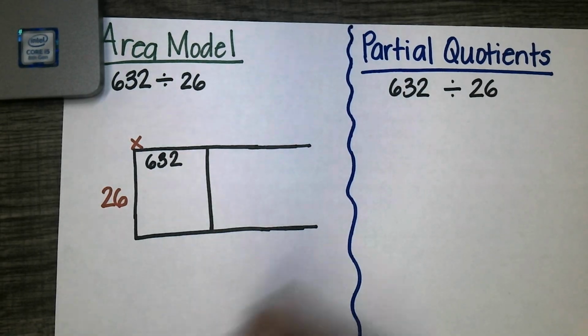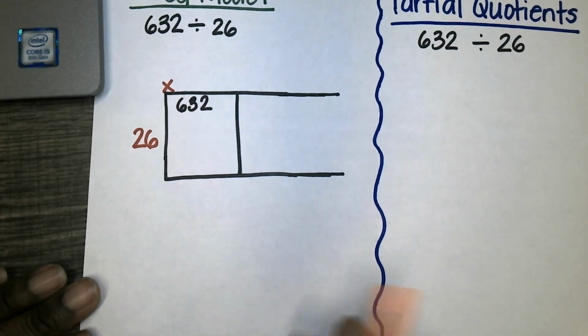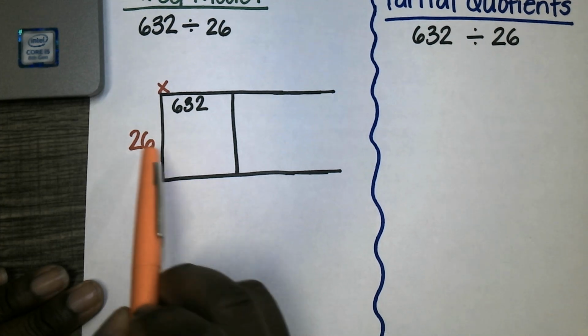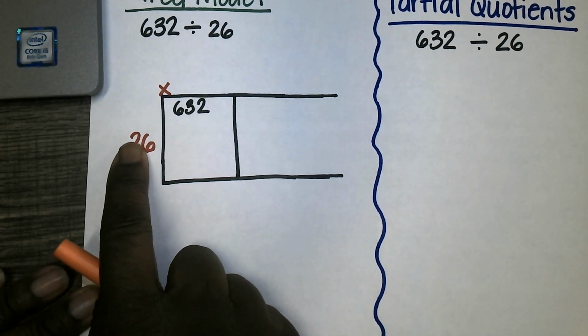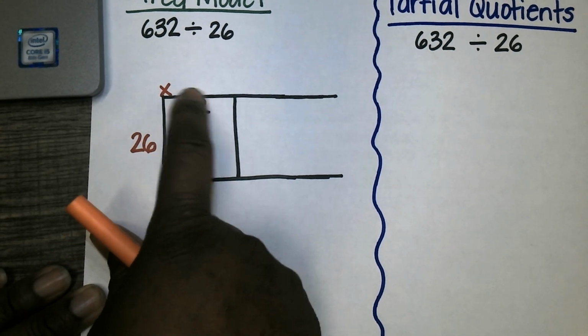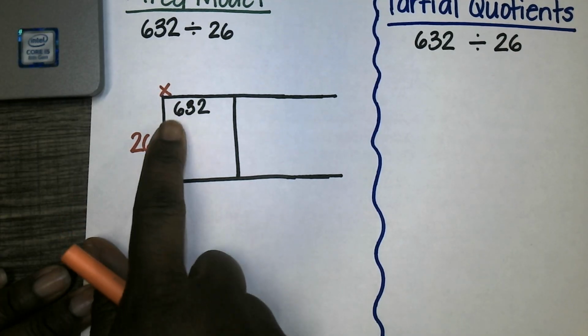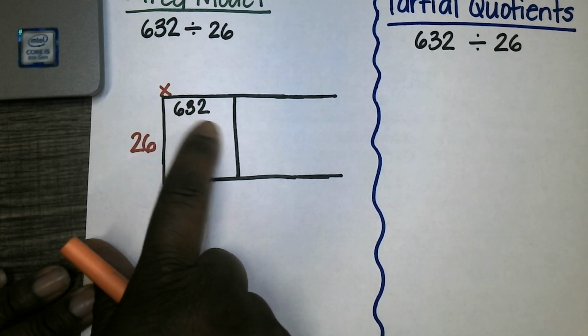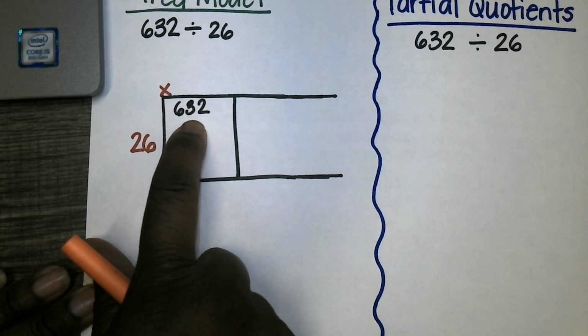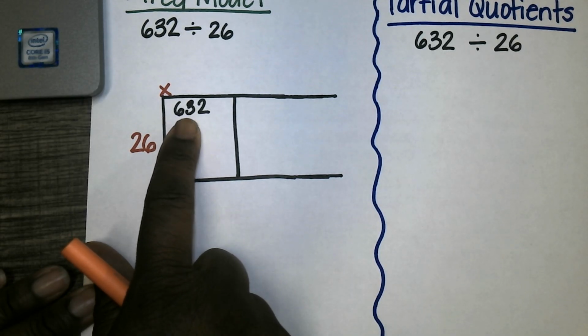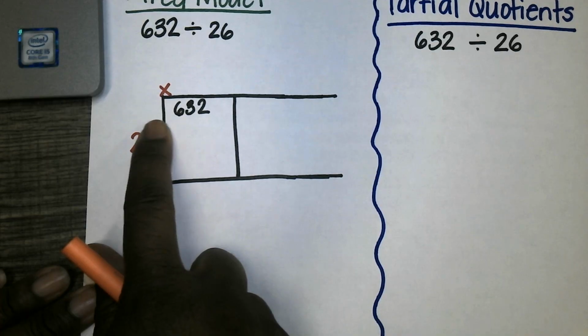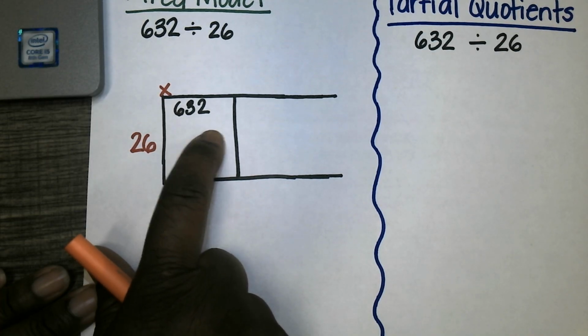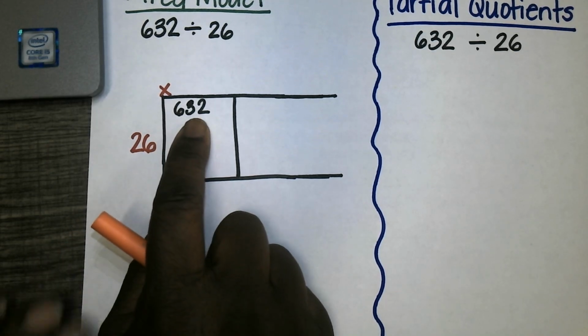And so for this strategy, what I've taught the kids is they can think about it this way. 26 times what number will give us something that is close to 632, so they can approximate, or equal to that amount if there's a number that they can be equal to.